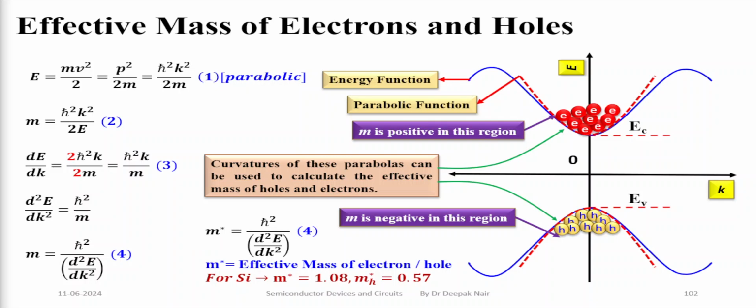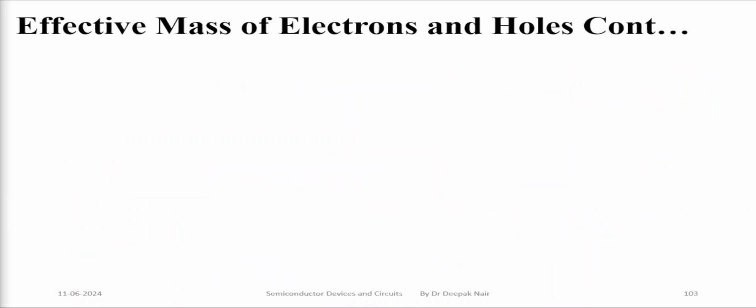And for silicon, this effective mass is 1.08, and for holes the effective mass is 0.57. Now let us go a bit deeper and understand what this effective mass of holes and electrons means.